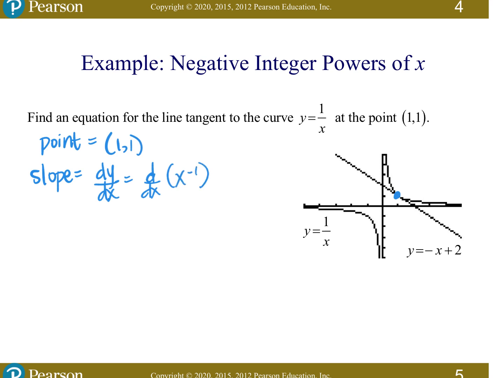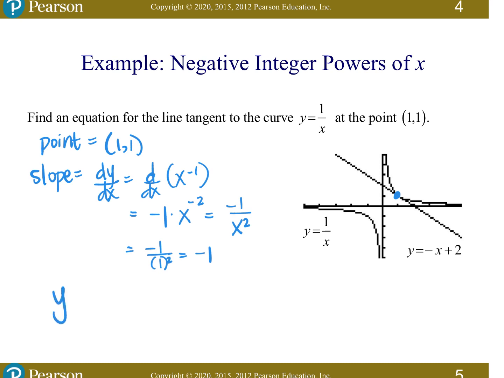So we want to take the derivative of x to the negative 1, which means we move negative 1 to the front, and then we subtract and we get x to the negative 2. So we have the quantity negative 1 over x squared as the expression for the slope. The value of the slope then would be negative 1 over 1 squared, so negative 1.